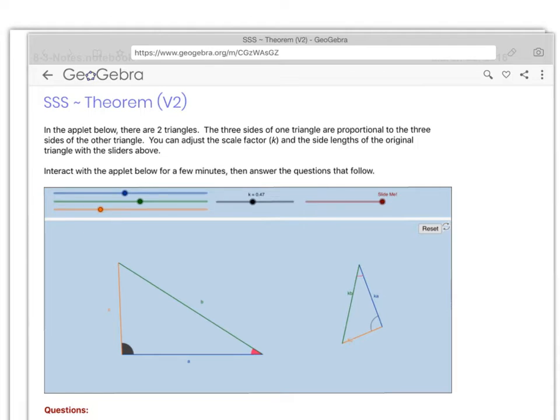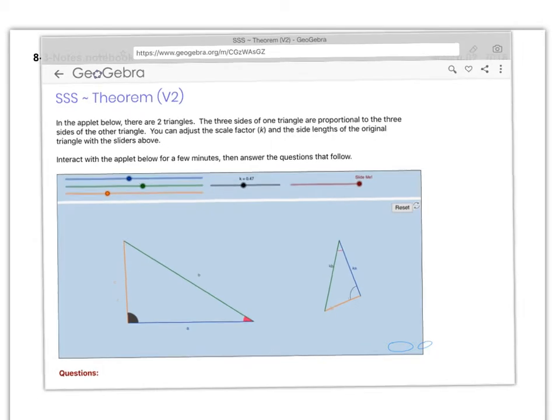So moral of the story is if we set the angles here so that the angles are proportional, and that's what we get with this right here when we're setting the ratio. If the sides are proportional, then the angles are congruent, and so the triangles are similar.